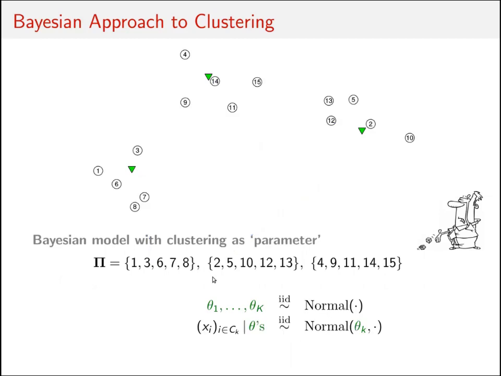Afterwards, for every cluster having its mean, I sample the observations within that cluster from a Gaussian distribution with this given cluster mean and some hyperparameter covariance. Assuming that in every cluster the covariance is the same, here we would put some hyperparameters.